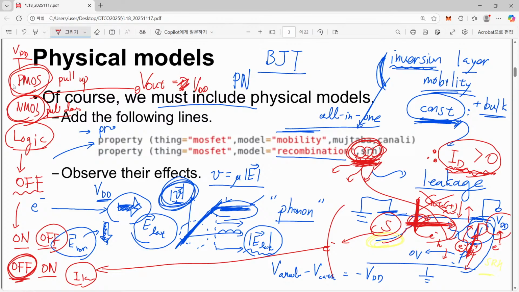So simply speaking, when you consider your logic system, logic devices, always your devices, except for a very short period where really the current is flowing, when we are charging and discharging the output capacitance, except for that short period, in many cases our transistors are turned off, and in this turned off case, the major concern is really the leakage current.